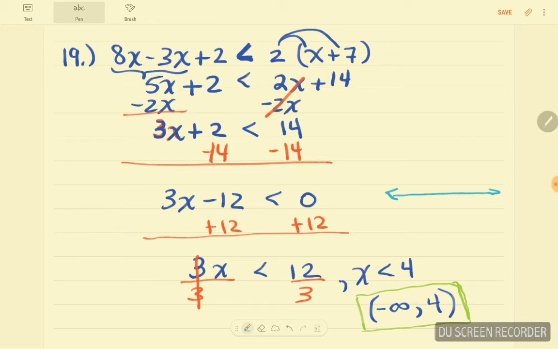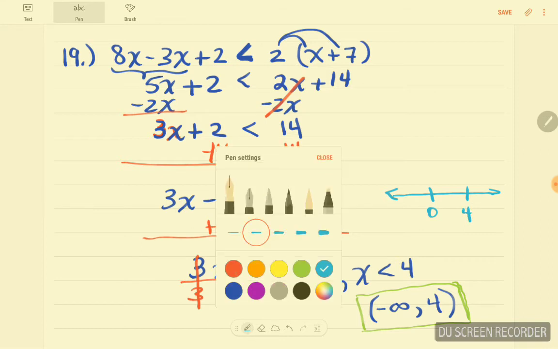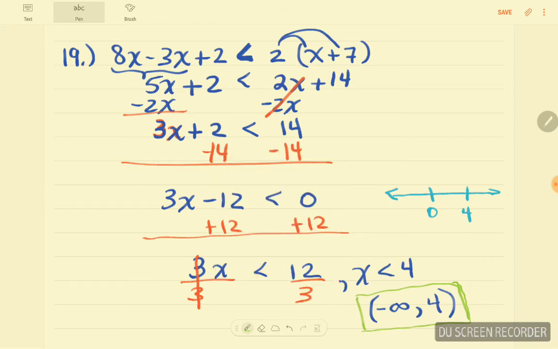If you have your number line mapped out, for instance, like this, and then you try to illustrate what x being less than 4 would look like, it means you're starting at 4 but you're not including it, so that's an open circle, and you'd be going down towards negative infinity, right? So that approach, I believe, is really helpful in getting your answer written correctly in interval notation.